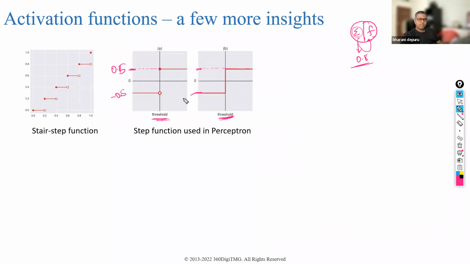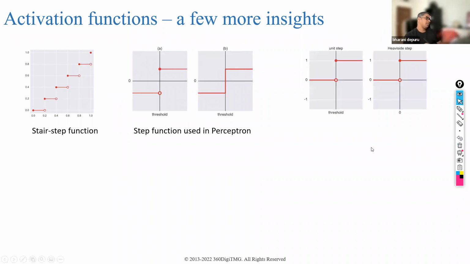Okay, and then you have something called unit step, which is a small variant of the same thing. You have something called the unit step function. The output is equivalent to 0 towards the left of the threshold value.